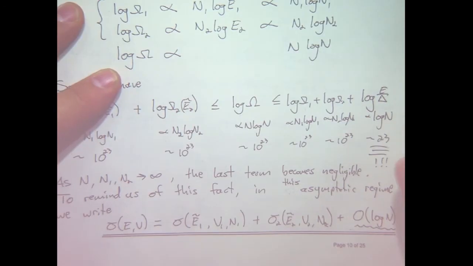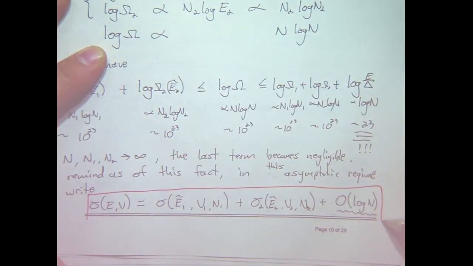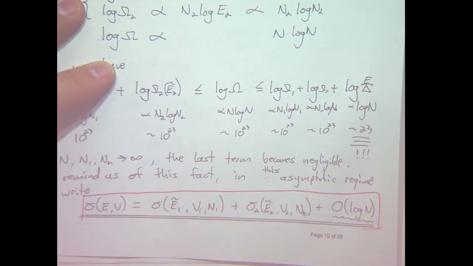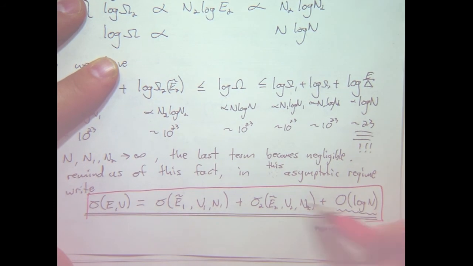But the interesting thing about this one is the last point, that the dimensionless entropy of the two subsystems of the isolated system is additive, but not completely additive. It's approximately additive. There's a term here that's about the size of log N. You can read that for yourself. I don't want to go through it now.